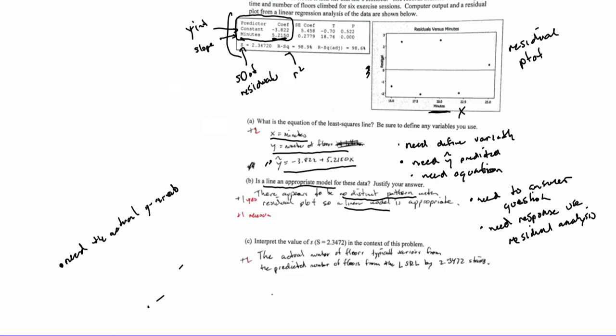What is the y variable here? The actual number of floors. You need to include typically varies, or you can use average distance.